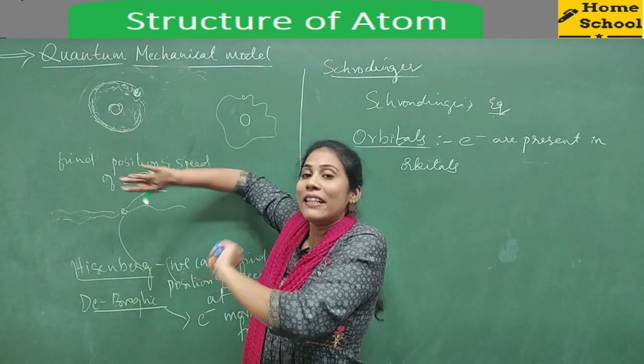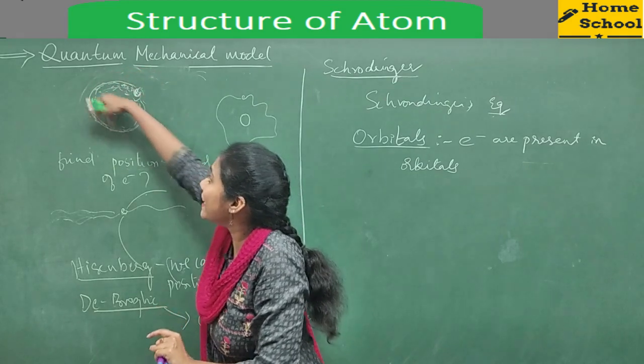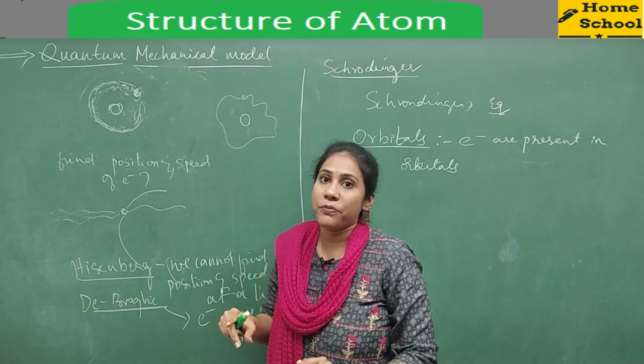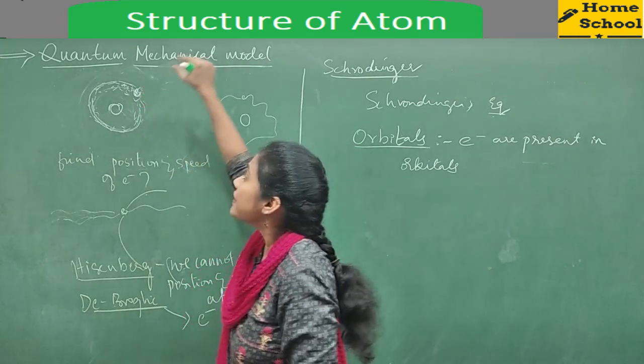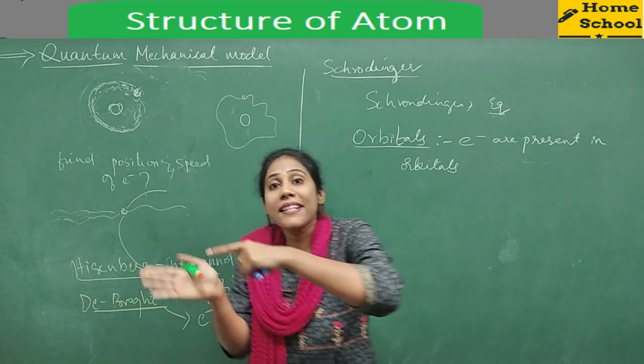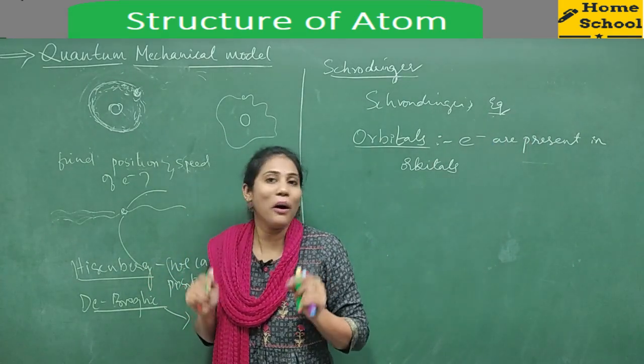Most of the time, 90%, this electron would rotate only in this particular region around the nucleus. So that space, that region where you have maximum chance of finding the electron is called orbital.